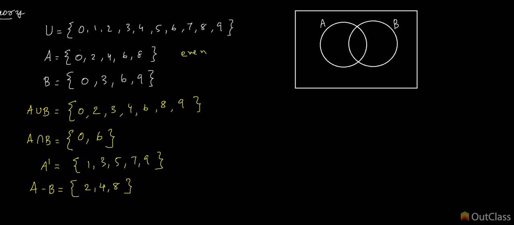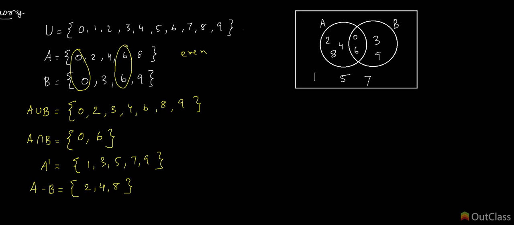Notice that 0 and 6 should be present in both of the sets, so you will write them here. Everything else that was present in A would go here. This region right here is inside A and outside B. So 2, 4 and 8 will go there, while 3 and 9 will go there. What are the other numbers in the universal set? 1, 5, 7.